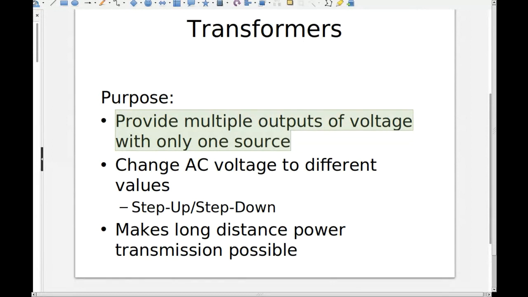In your house, you don't get 120 volts, you get 240 volts, but then they put in a center tap. So you actually get two circuits in your house of 120 volts. When you're running your TV and your computer and things like that, you're running that off of 120 volts.